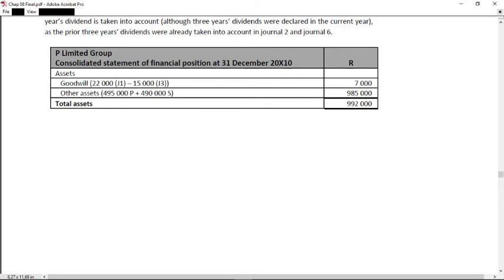Right, so still looking at example 8.2, we'll take you through the consolidated statements, but only pointing out a few things. Remember, we did go through those statements in a lot of detail in example 8.1.